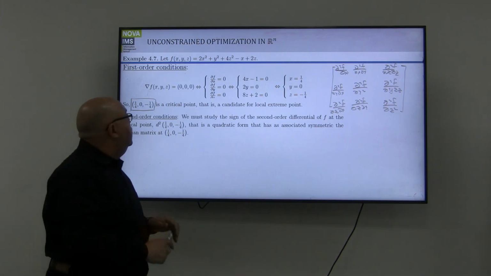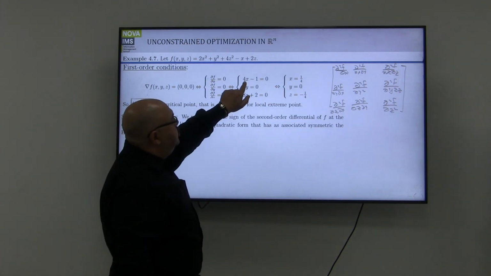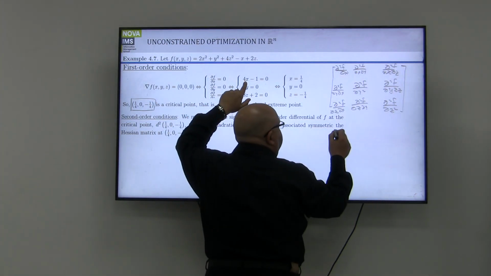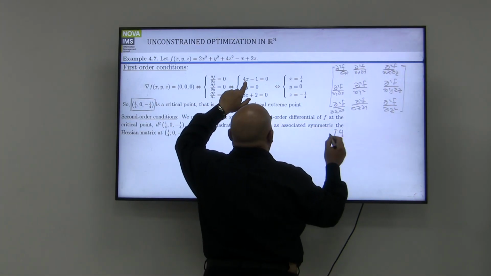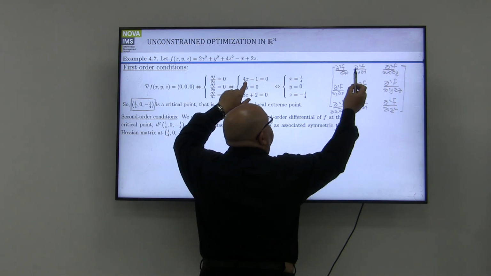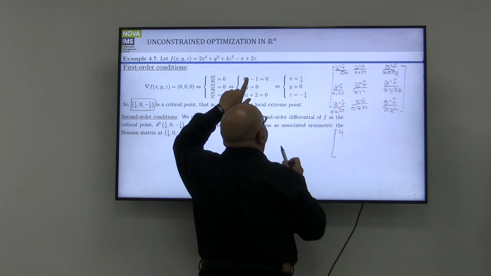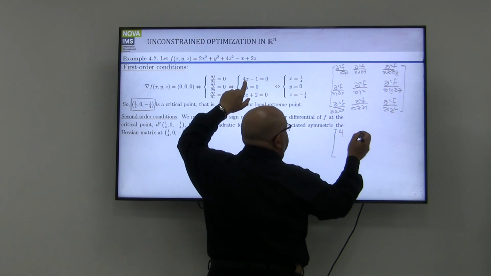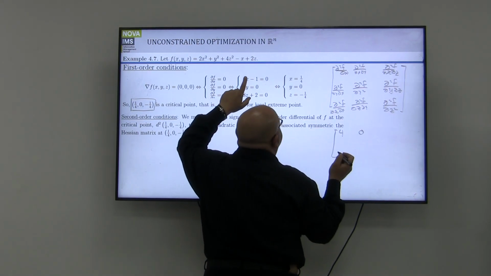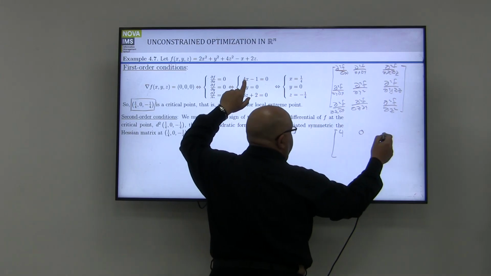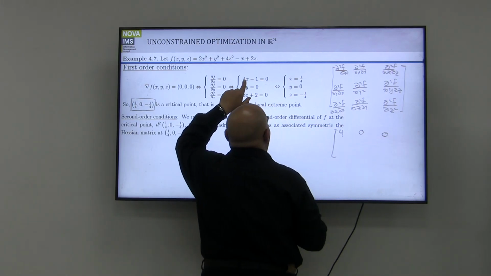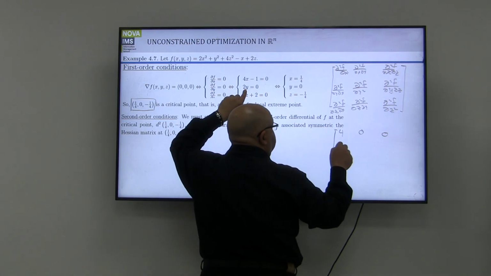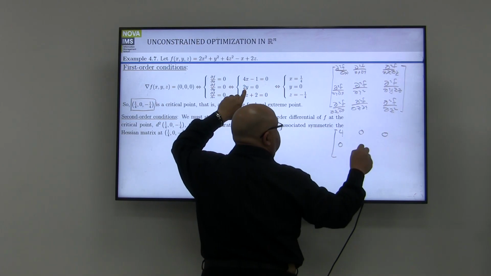Very, very simple. This is the first derivative, which is 4x minus 1. So I will differentiate again, and this value is going to be 4. Then I will differentiate the first derivative with respect to x, but in the direction of y, which is going to be 0. Differentiating with respect to z is going to be 0. The second derivative, differentiating with respect to x, is 0. With respect to y, it's going to be 2.